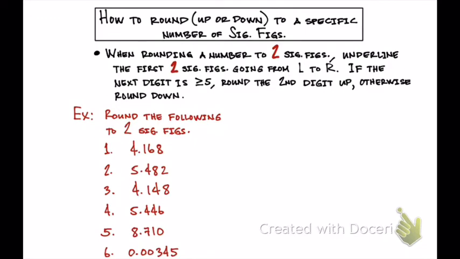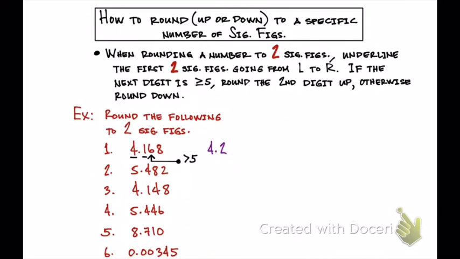So according to this step here, you look at the first 2 numbers from left to right. You underline them, and then you look at the third number and see if that's greater than 5 or equal to 5, which then results in the rounding up of the second number. So the third number here is 6, which is greater than 5, and so you would round up the second digit.